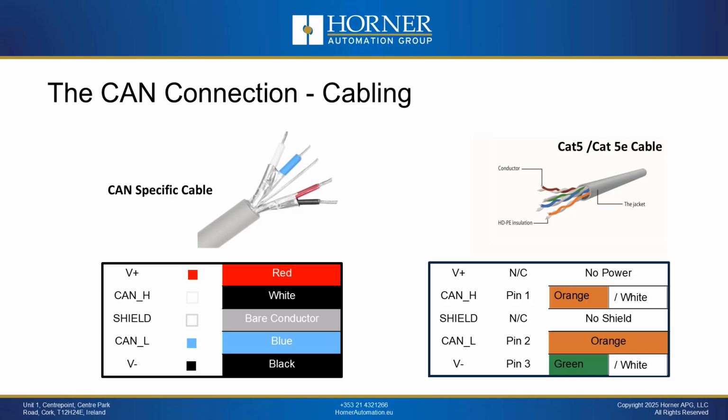We just have the CAN pair, CAN high and CAN low, which is the orange pair when we are talking about Cat5 or Cat5e wiring. And then there is the common reference, or green-white, the V- pin. So even though there are 8 conductors with that cable, we are only using 3 of them: the orange pair, which is 2, and the green-white reference, which is 3.